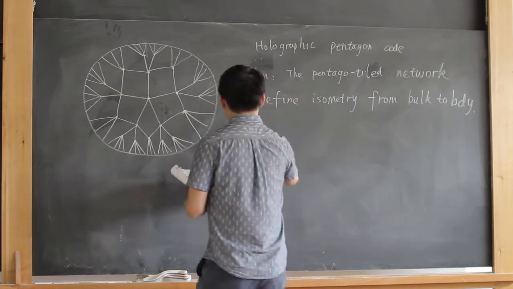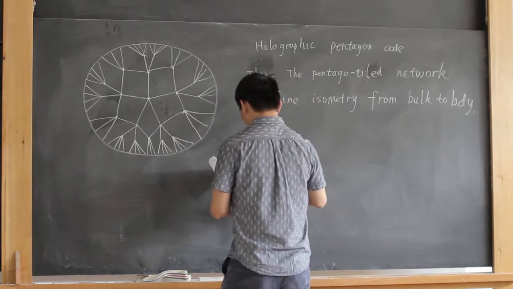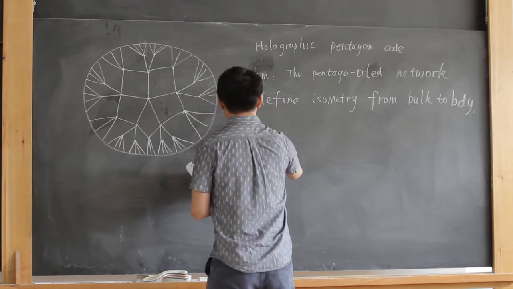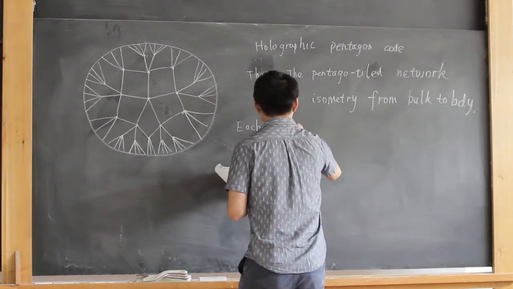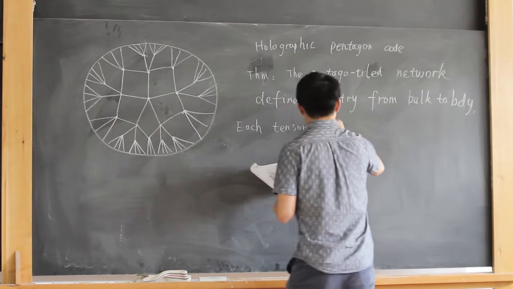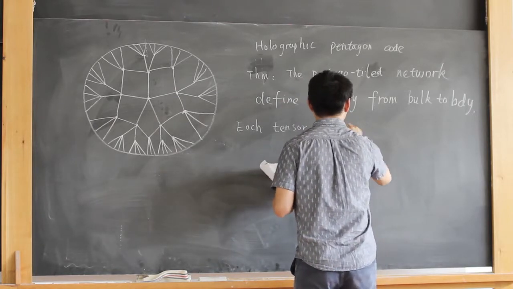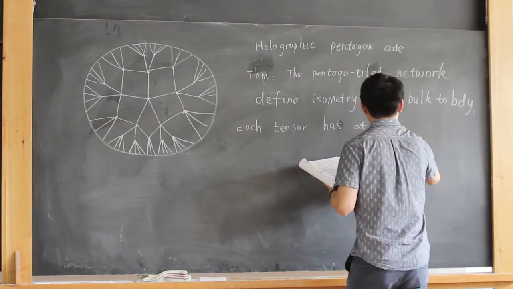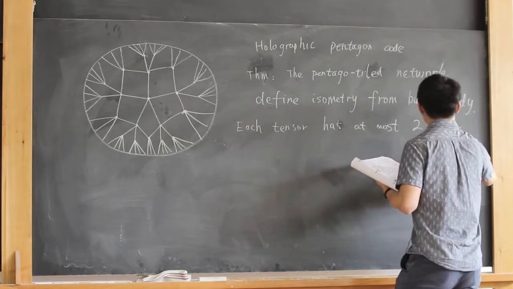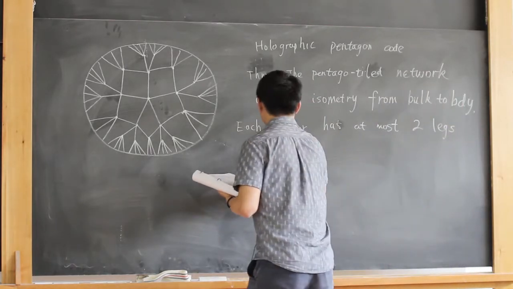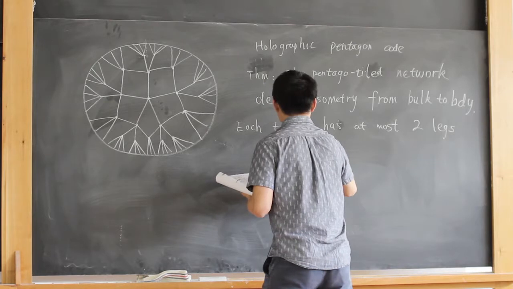And a fact about this network is that each tensor has at most 2 legs contracted to the previous layer.